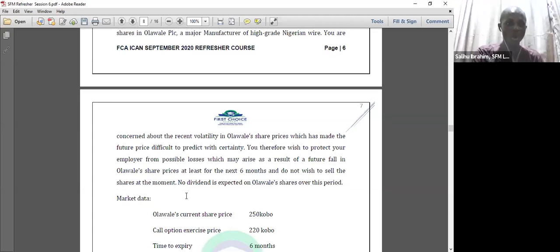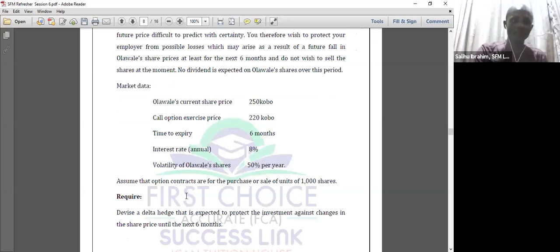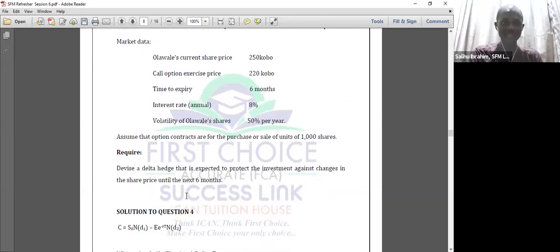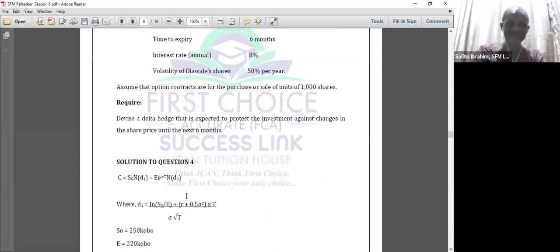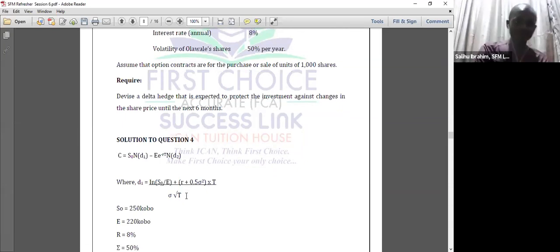Market data. Olawale's current share price, 250 kobo. Call option exercise price, 220 kobo. Time to expiry, 6 months. Interest rate, annual, 8%. Volatility of Olawale's share, 50% per year. Assume that option contracts are for the purchase or sale of units of 1,000 shares.